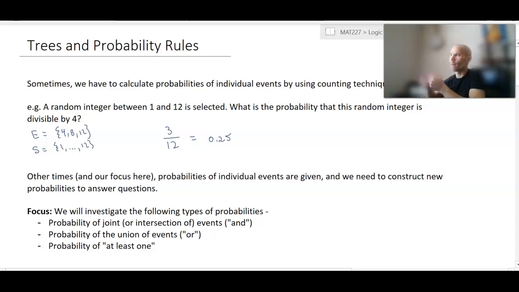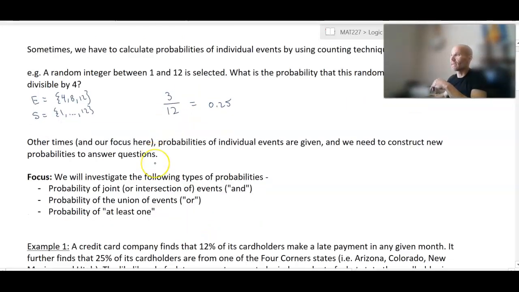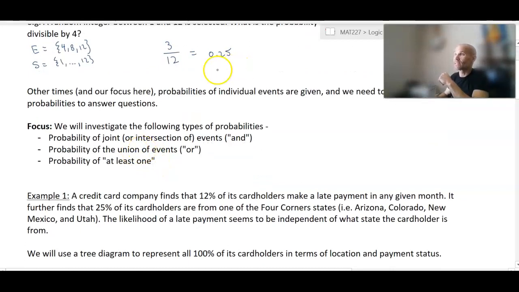Okay, so we had to compute that probability, but in the problems that we're going to focus on here, we're going to suppose that the probabilities are already given to us. And we're going to investigate. We've already seen an instance of probability of joint events where we want one thing and another thing to happen.